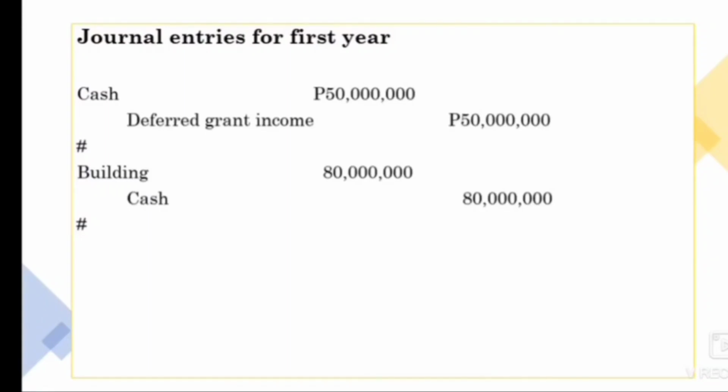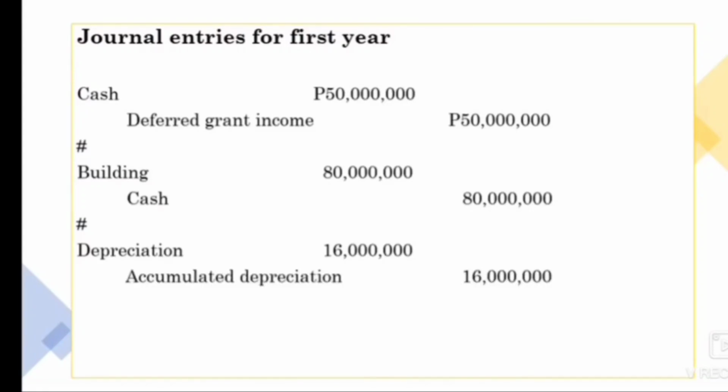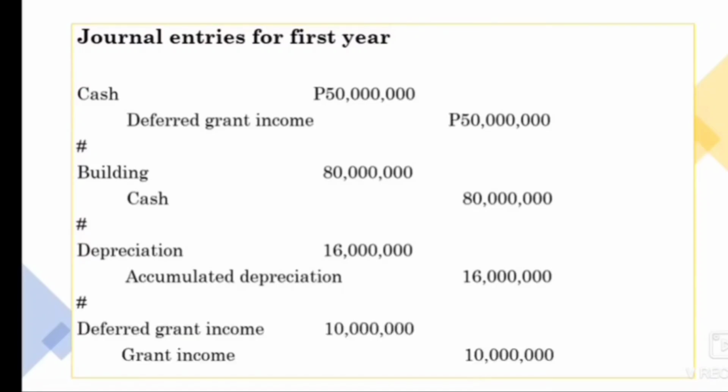So, you just divide the amount of the chemical facility na 80 million over the useful life of 5 years. So, we have 16 million. Tapos, yung ma-realize na grant income daw for the first year is 10 million.